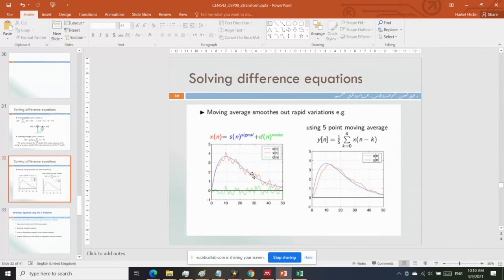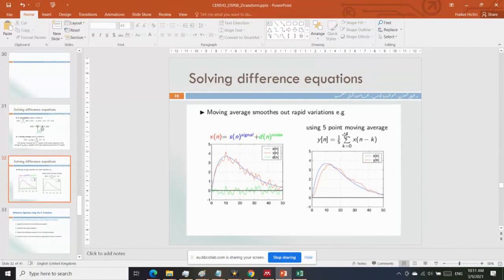We do smoothing. If you look at this sequence, the red one is x, and the blue one is the smoothed version. If we take a moving average, it becomes smooth. This is in the continuous case, and this is in the discrete case. The red is the original, the blue is smooth.